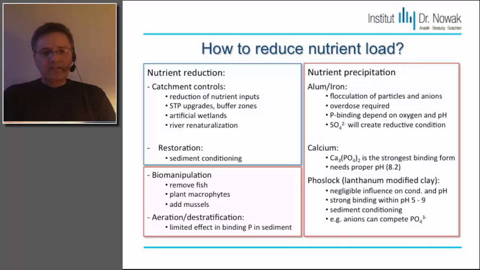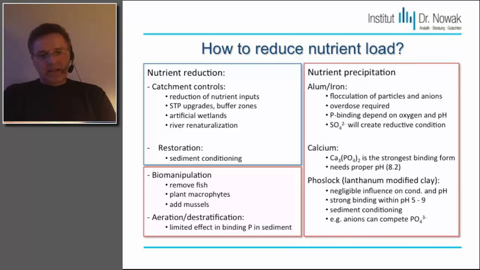With alum, there's a big problem because you will add sulfate as well, and sulfate is a bacterial nutrient, and that can create reductive conditions because the bacteria use the sulfate and reduce it to sulfide.